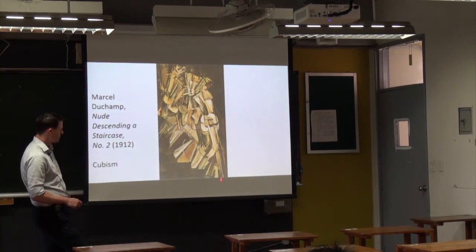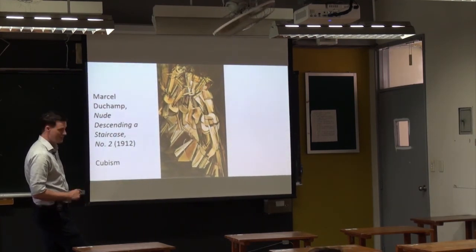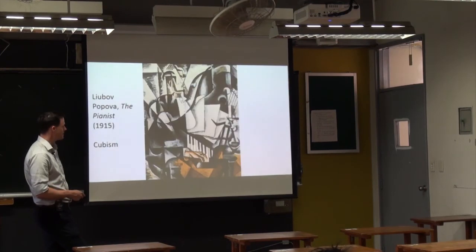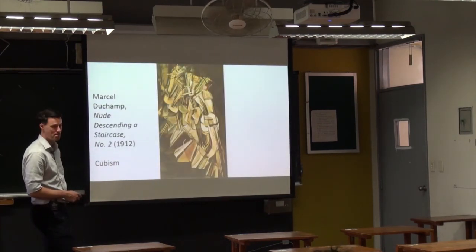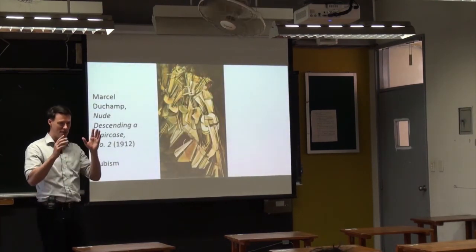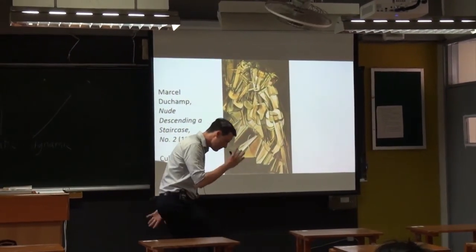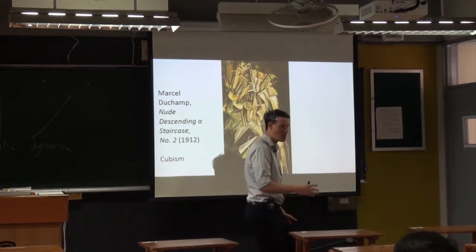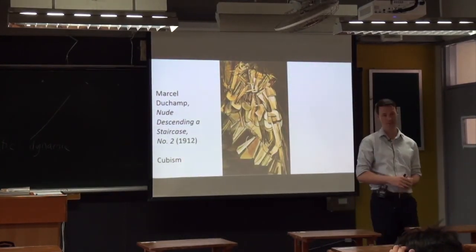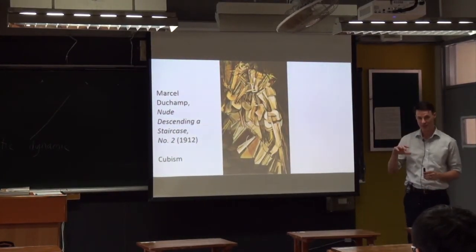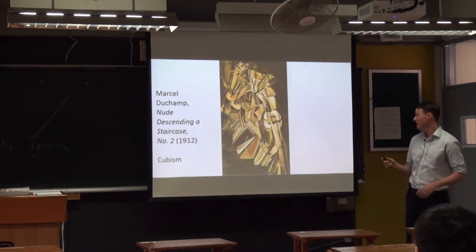Now, how does this one show movement? It shows movement in the same way that this one does, right? Because it shows one person in different positions as they are walking down the stairs. Different perspectives of the same person moving.